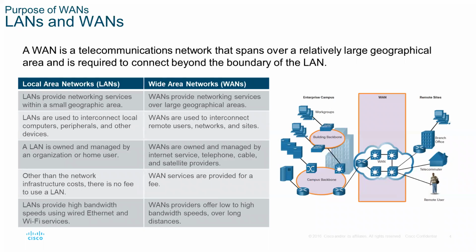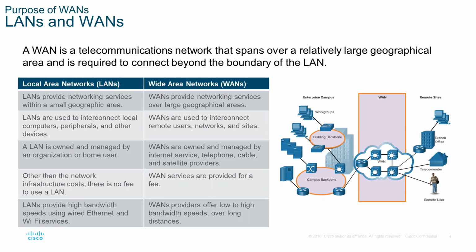And what we need to do is to be able to have a method of making it so that what we do on a LAN, we can expand across to a WAN.